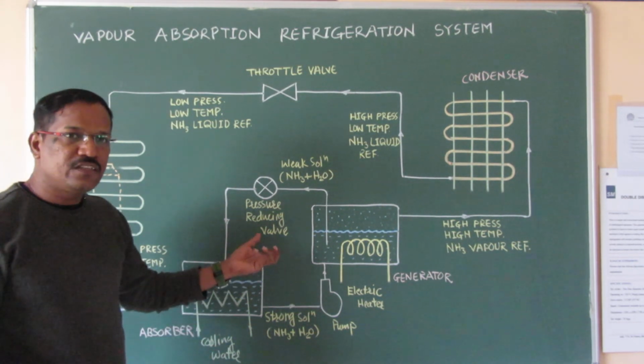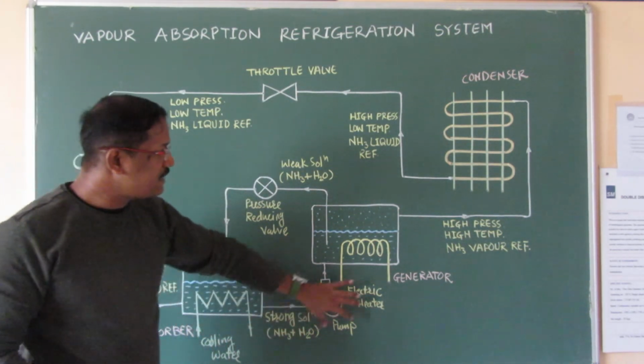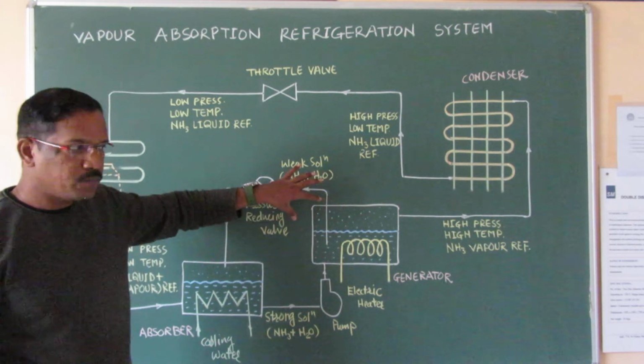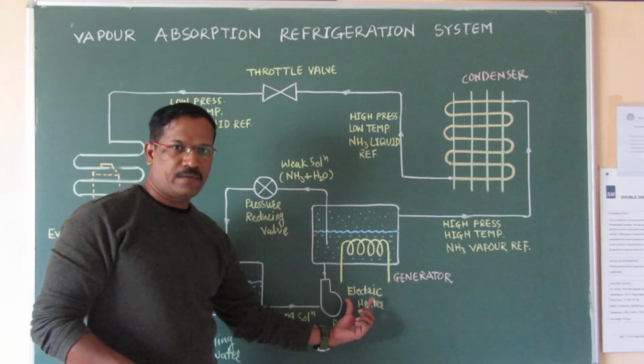Now where can we use it? As I said, we completely replace the compressor by this unit, the absorber and generator. Now here we provide an electrical heater.